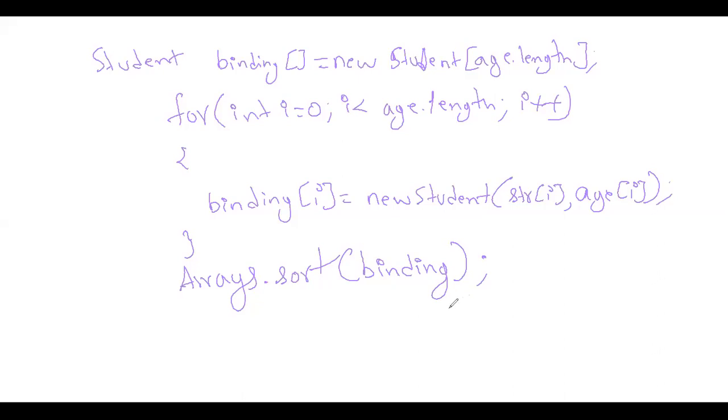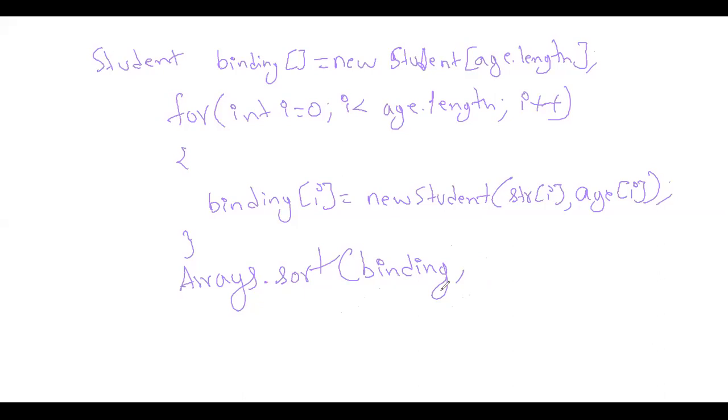This is because the sort method doesn't accept a complex object here. I have to give one more piece of information. I have to tell the sort method, you don't worry, I'll tell you how this complex object has to be sorted.